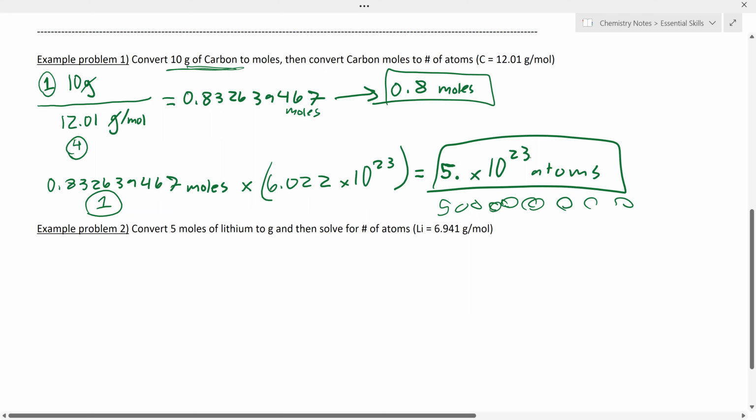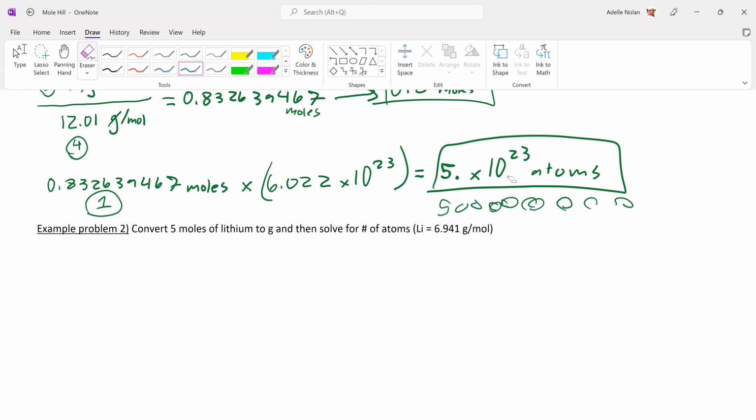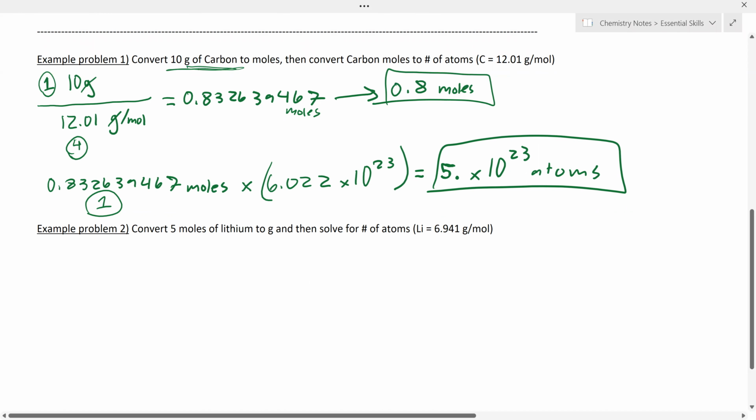When you look at this number alone, without considering the scientific notation, it might seem like there's only 5 atoms there, but it's much more than that. It's more like 5 million or something, and I don't feel like figuring out exactly what it is. That also tells you that you can convert by converting, because you don't even have to have this here.